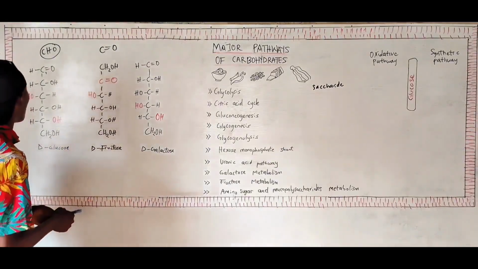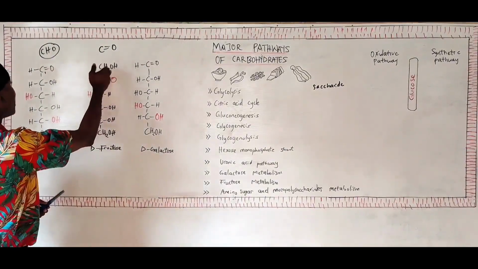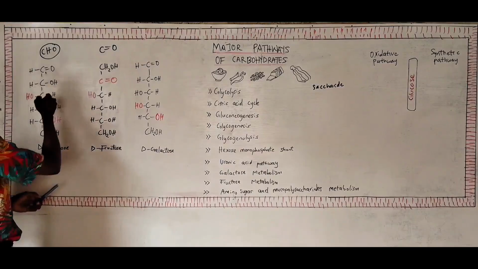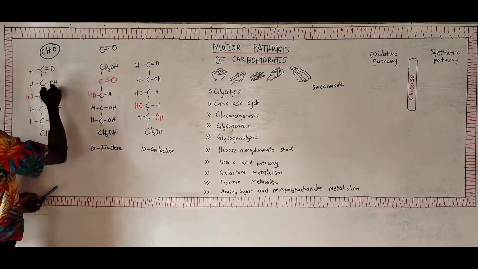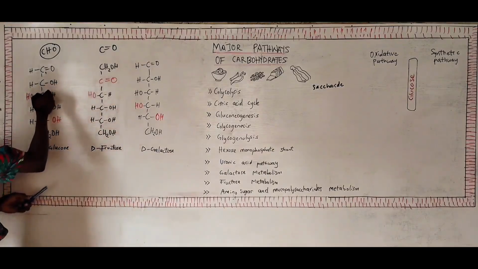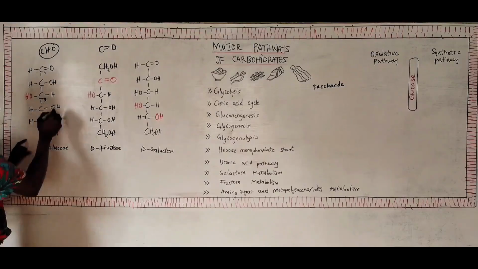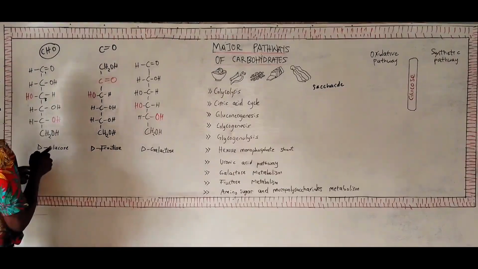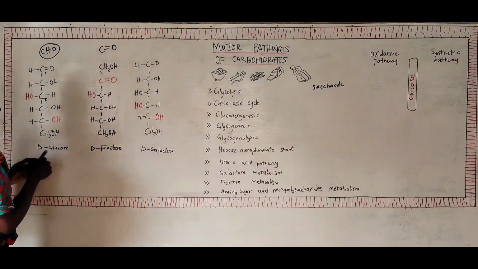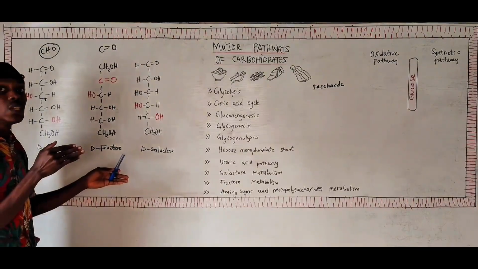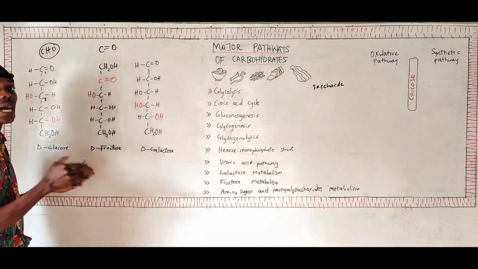All right. And looking at the structure from carbon 2, OH, but at carbon 3, it changes, right? For glucose, there is a change in conformation at carbon 3.